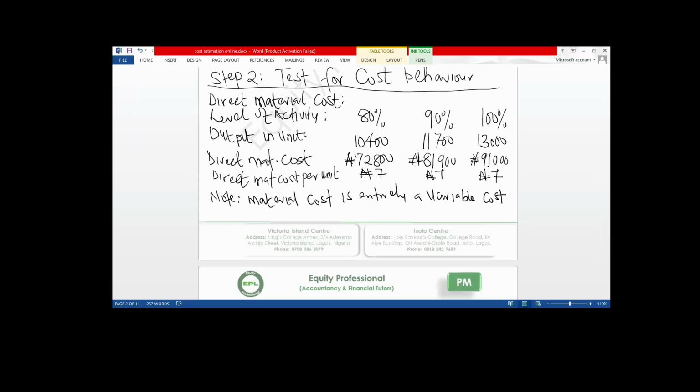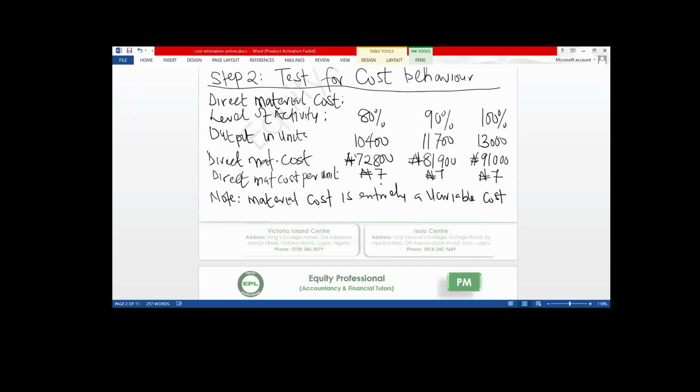But variable cost per unit will remain fixed, remain constant. Look at cost per unit here. If you produce just one, material cost per one is 7 naira. If I produce two, I multiply 2 by 7, it becomes 14 naira. If I produce 3, total material cost becomes 21 naira.